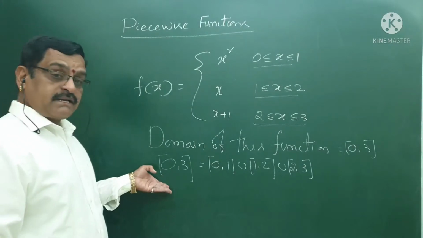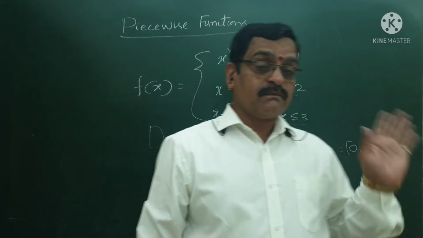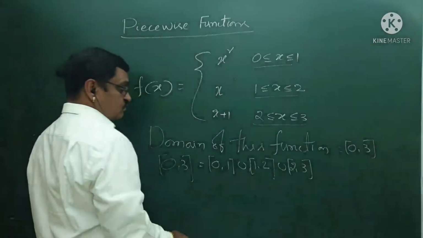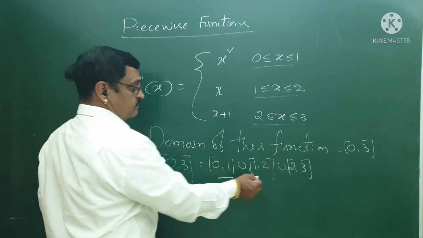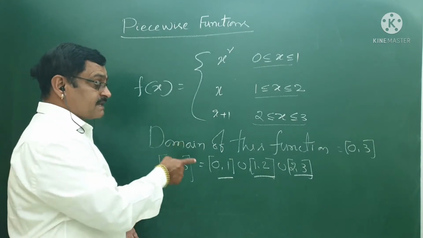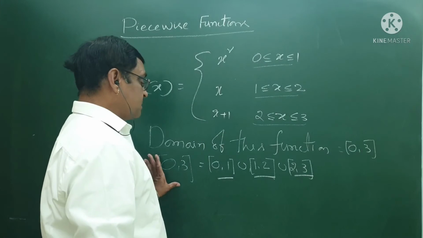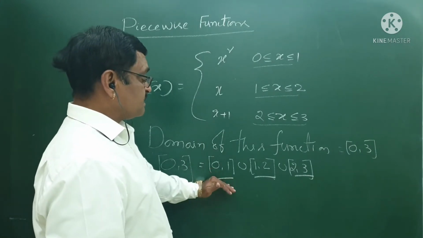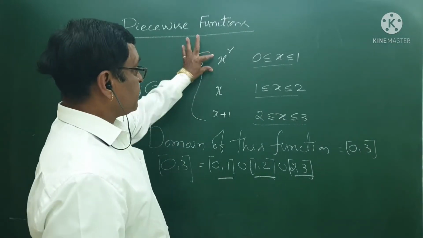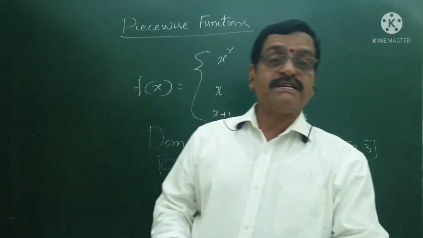The actual domain is written as the union of subsets of the real number set. That is number 1. Number 2, the working rule is changing from subset to subset. So the domain is the union of subsets of the real number set, and for each subset the working rule is different. Such functions are called piecewise functions.